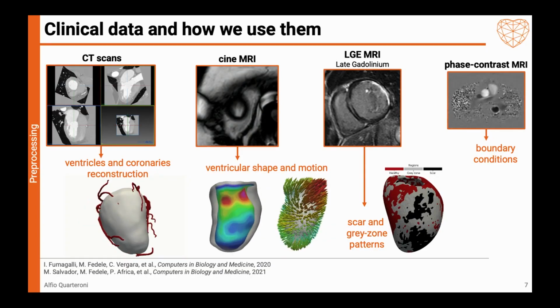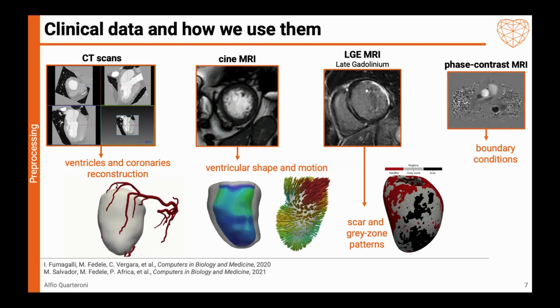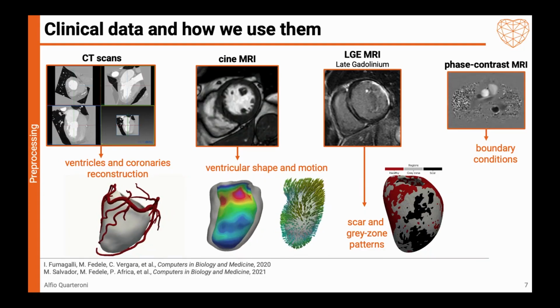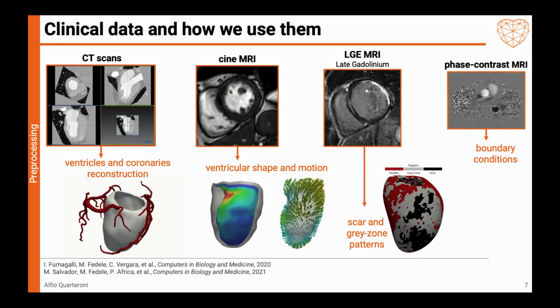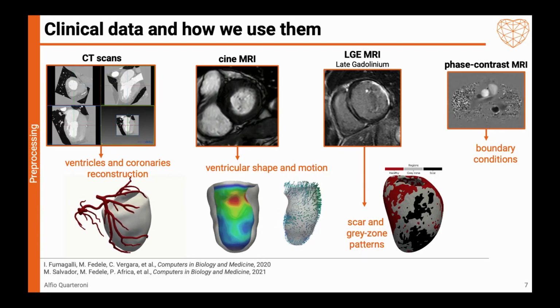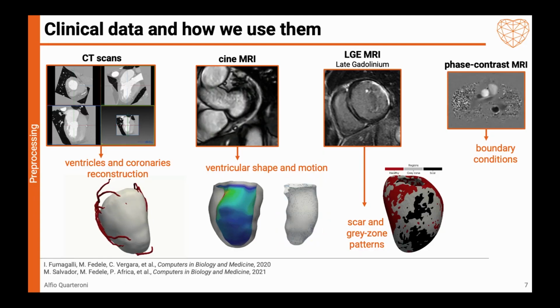And we want to reconstruct this pattern where the red zones are the healthy zones, the scars, the black, are the parts of the myocardium of this ventricle that are not conducting anymore, and then you have a gray area.